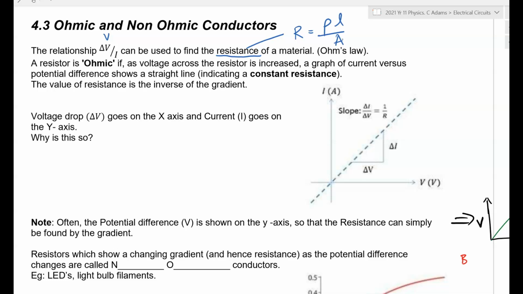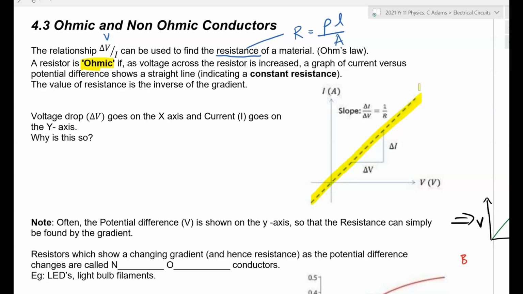All right. We'll start with how we use a graph to find the resistance. We use these terms ohmic and non-ohmic to define two different classes of resistors. Ohmic simply means that their resistance doesn't change as you tweak the voltage and the current.